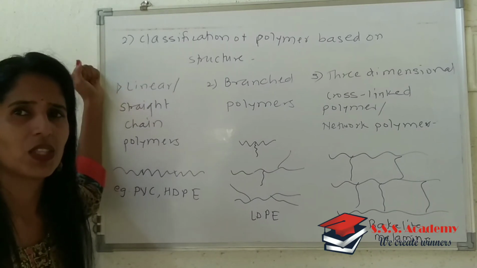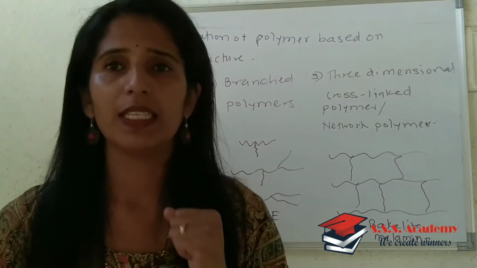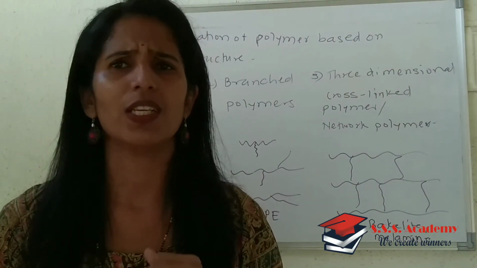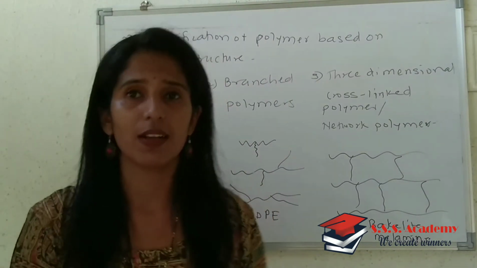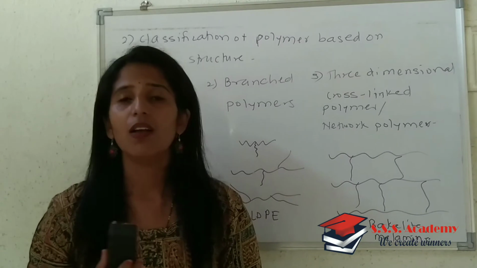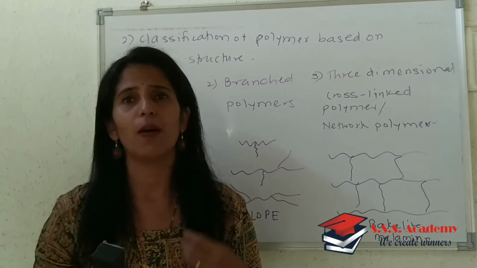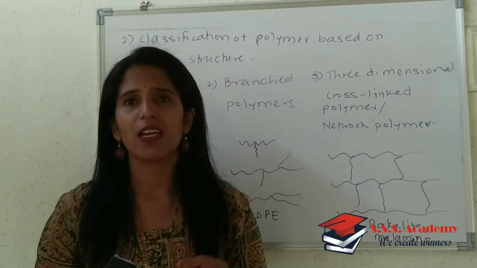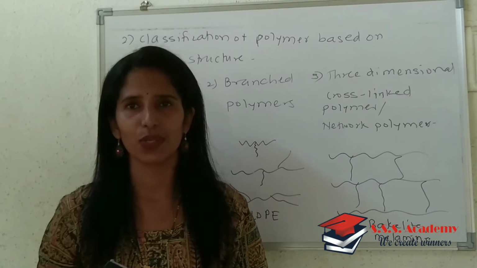Now we will start with the third basis for classification, and that is depending upon the types of polymerization reactions involved. So as far as we know, polymers can be prepared in various ways. The first general reaction which is utilized in order to form polyethylene-like polymer refers to addition reaction, and the second type is nothing but condensation reaction.